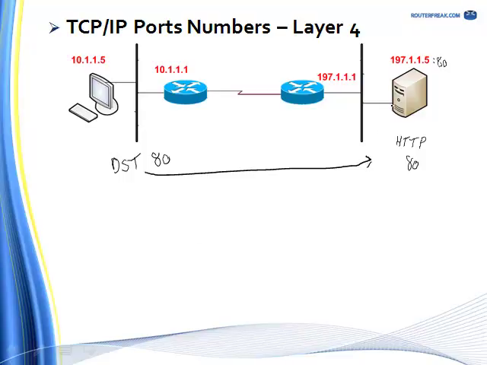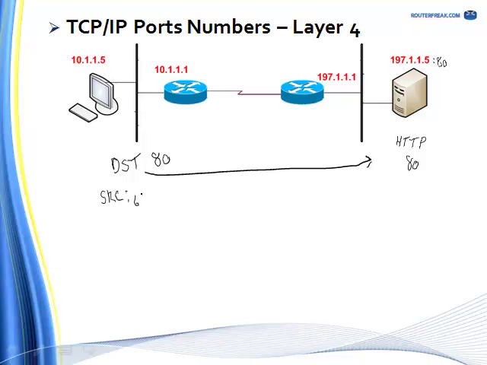Now when this server gets this request, it's also going to see that the request came from a particular source port. If you ever notice on any desktop computer, when you make these connections to servers or services, they come from a very high numbered port.